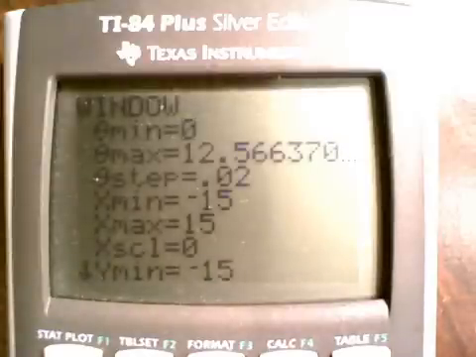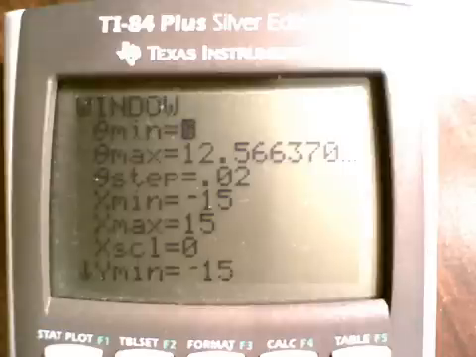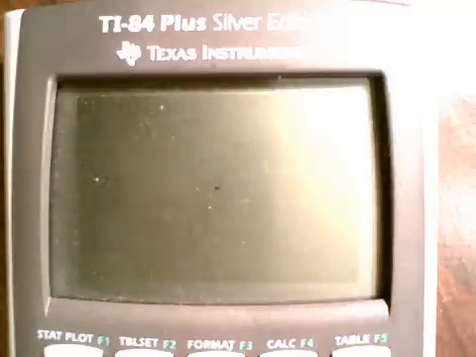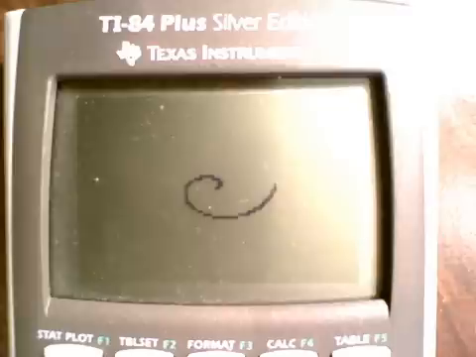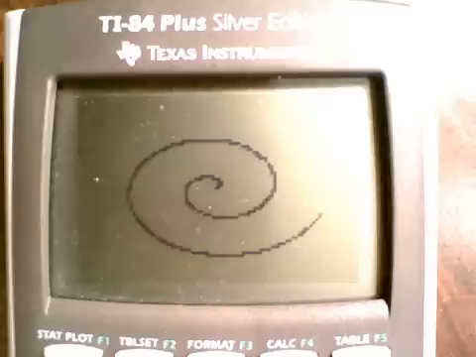You saw what happened from 0 to pi over 2, 0 to pi, 0 to 2 pi, and then see if you can figure out what would happen from 0 to 4 pi. Oh, I have the theta step at 0.2. It goes really slowly. So there's 2 pi right there, and look at the curve just keeps getting farther and farther away from the pole.